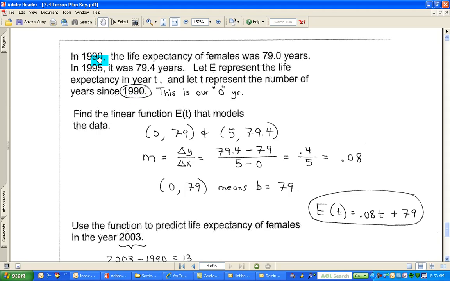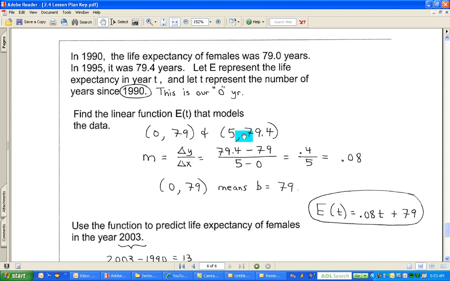So when I tell you in 1990 the life expectancy is 79, that would become the ordered pair 0, 79. In 1990, T is 0, and the output, which measures the life expectancy, is 79. In 1995, the life expectancy is 79.4.